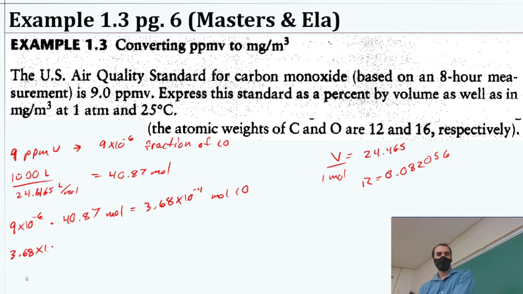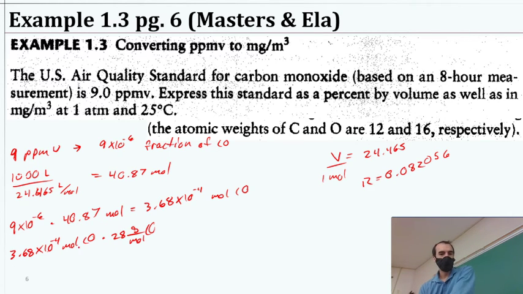So we take that 3.68 times 10 to the minus 4th moles of carbon monoxide, multiply that by molecular weight, C and O, that's 12 plus 16 is 28, times 28 grams per mole of CO. So we'll see the moles will cancel and we'll be left with just grams. And from grams, then we can convert to milligrams.